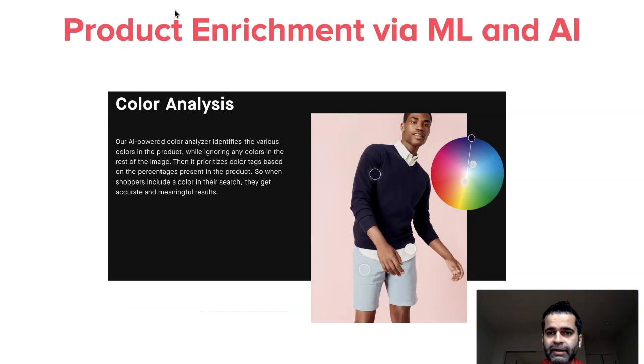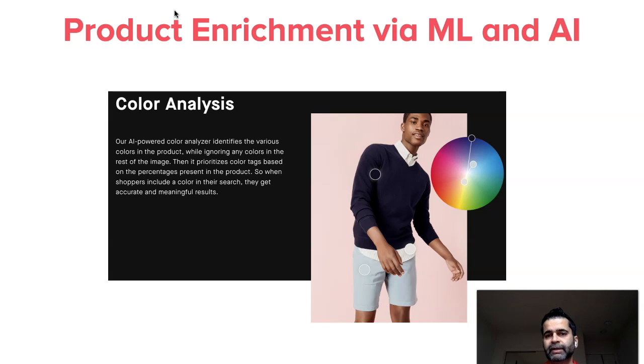Next, it'll look at color analysis. An AI-powered color analyzer identifies various colors in the product while ignoring any colors in the rest of the image. So it prioritizes color tags based on the percentages present in the product. This is very important.